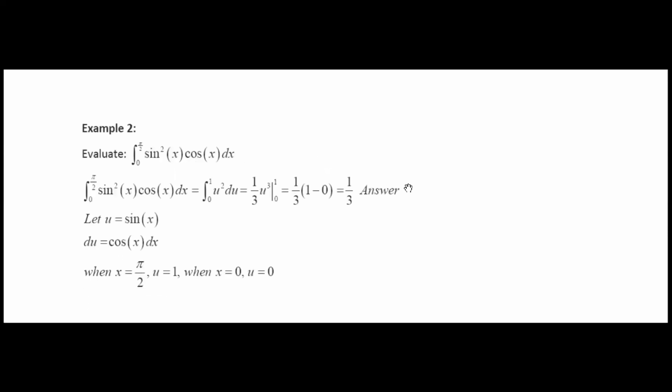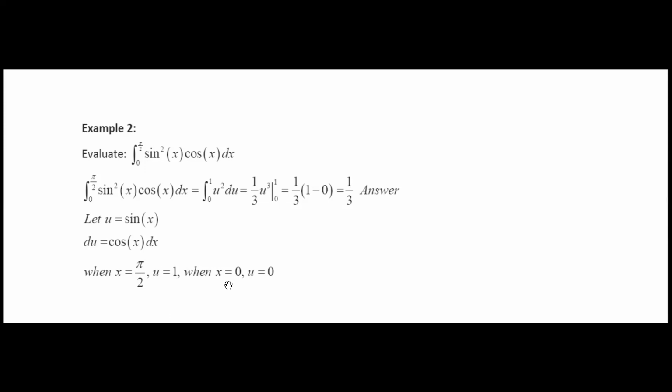Example 2, here's one with trig. What is the quantity to a power? The sine. So let's let u be the sine. du is the cosine of x dx. So this is going to be equal to, the sine is u, so it's u squared. du is the cosine of x dx, so this is u squared du. Now, when x is pi over 2, u is the sine of pi over 2, which is 1.